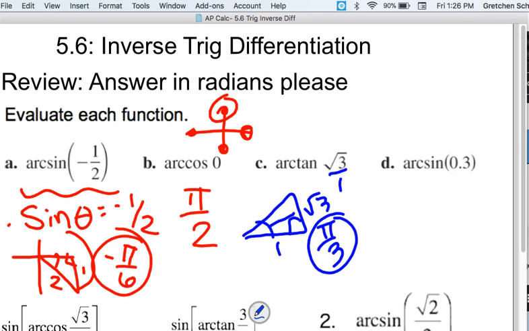Okay, the next one, arc sine of 0.3. So what angle has a sine of 0.3? Is that going to be a special right triangle? No, because if you were to write that as a fraction, it's 3/10. So sometimes you can't use this, so what would you have to do? Calculator. Make sure your calculator is set in radians.